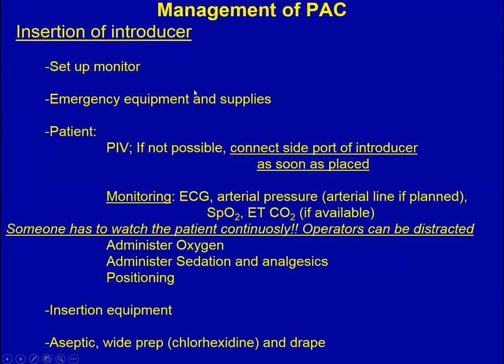So, prior to insertion of the introducer, you need to set up the monitor, have the emergency equipment available. A patient should have a peripheral IV, and they should be monitored with at least ECG and saturation, and ideally end-tidal CO2, and if arterial line is placed, arterial pressure.